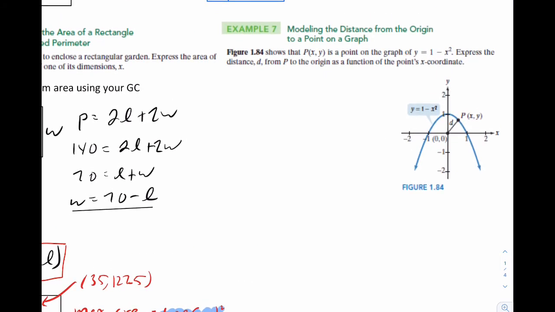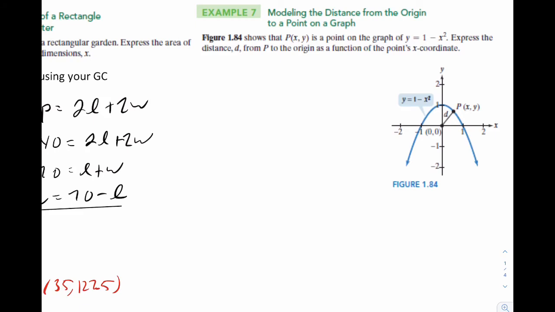Now for this question, it says, figure 1.84 shows that the point, this thing, is a point on the graph of this parabola. Express the distance from P to the origin as a function of the point's x-coordinate. So essentially, we're trying to express this length, d, as a function of the x-coordinate. So the first thing you want to do is cross out the xy. We're going to write x, 1 minus x squared.